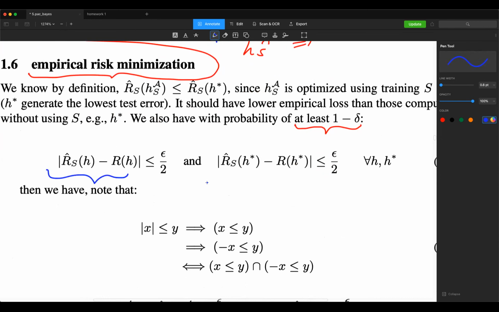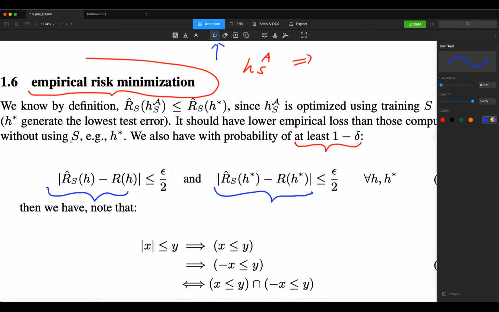Now let's actually have a look at these terms. Let's be very sure what we are talking about here. What does this mean? We have this term, this term, this term, and this term. They're all different. What's this term here?